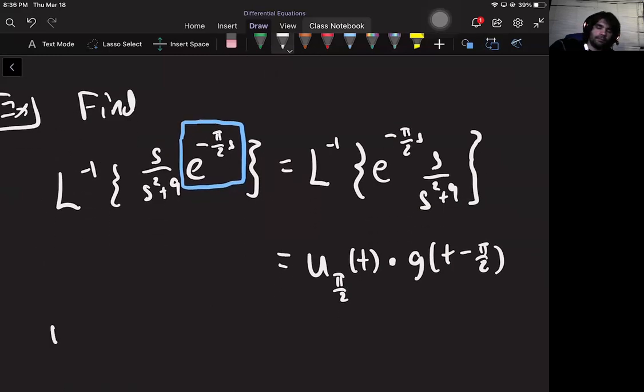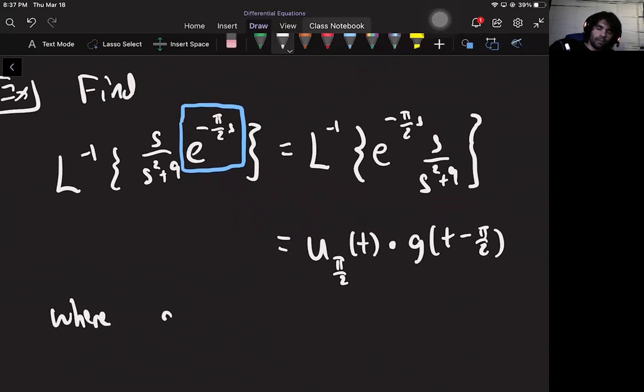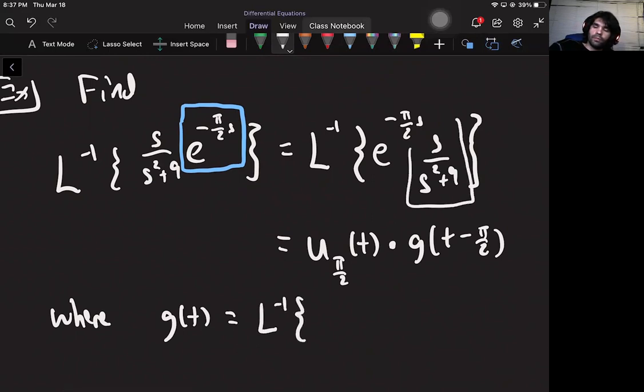And then what we know is that for this function, we know its inverse Laplace transform is this stuff.